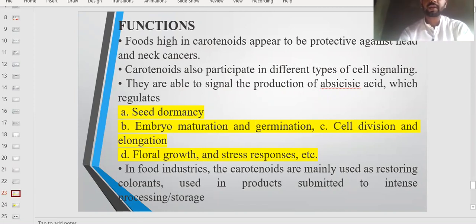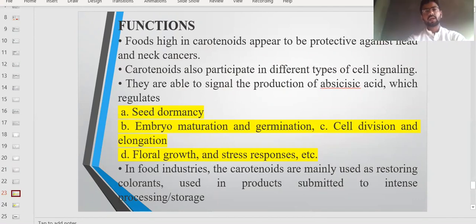Carotenoids also participate in different types of cell signaling. They are also able to signal the production of abscisic acid, which regulates seed dormancy, embryo maturation and germination, cell division and elongation, floral growth, and stress responses.